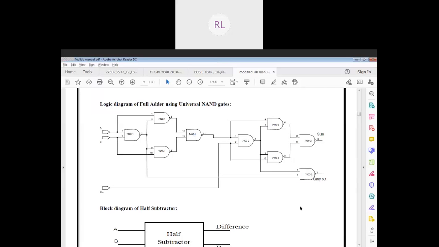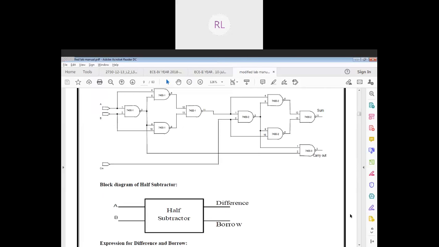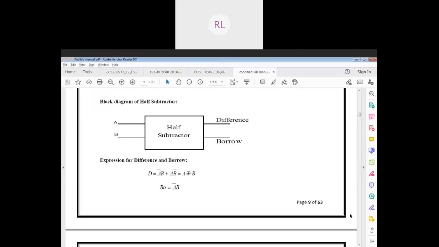What are we trying to do here? It's a sub-series, sir. No, it is based on the number of pins.